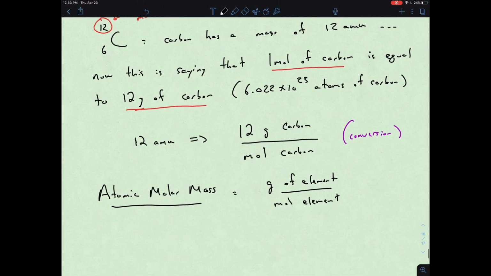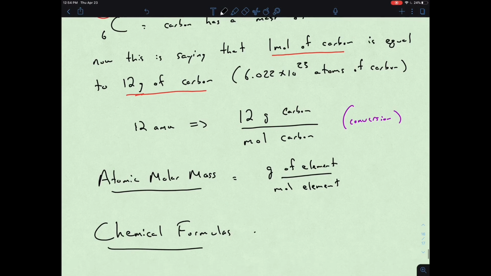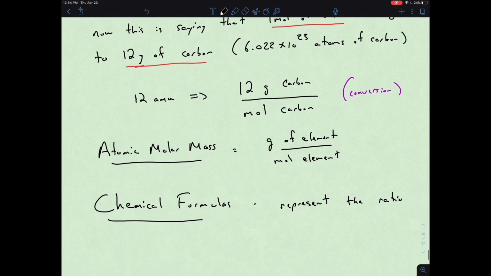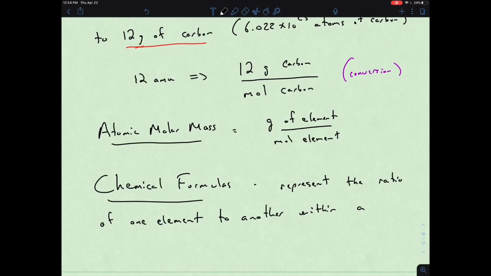That leads us to chemical formulas. And basically, chemical formulas now represent the ratio of one element to another within a molecule.